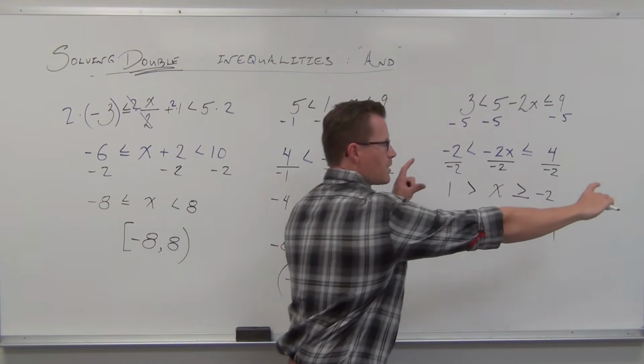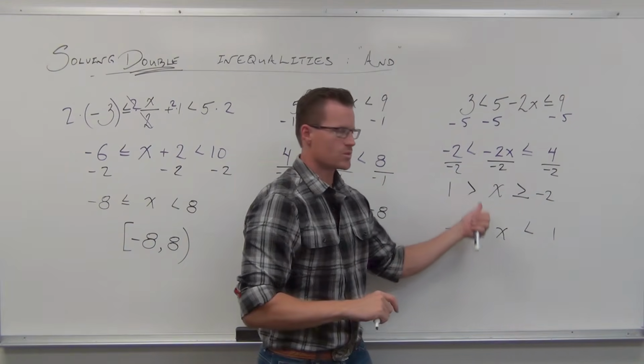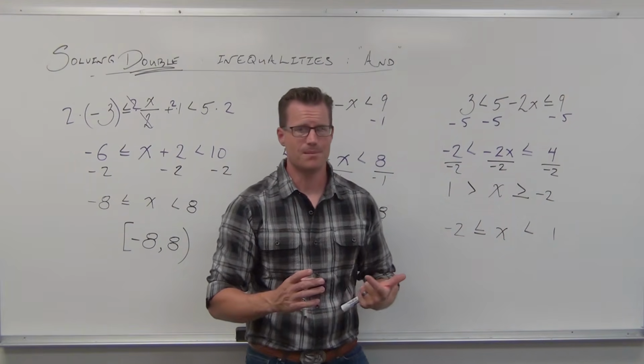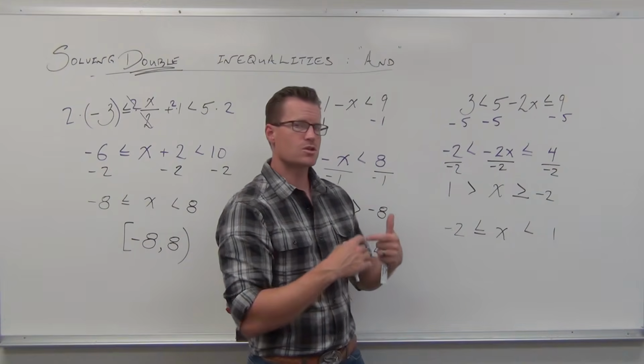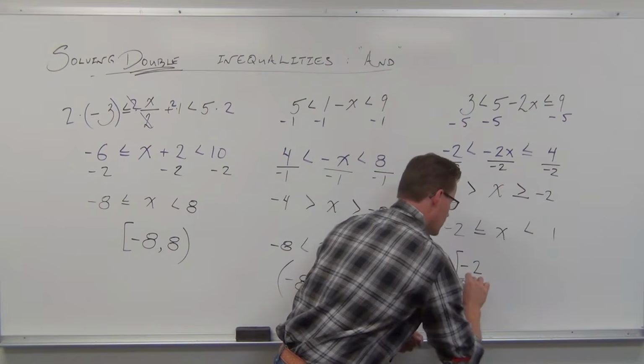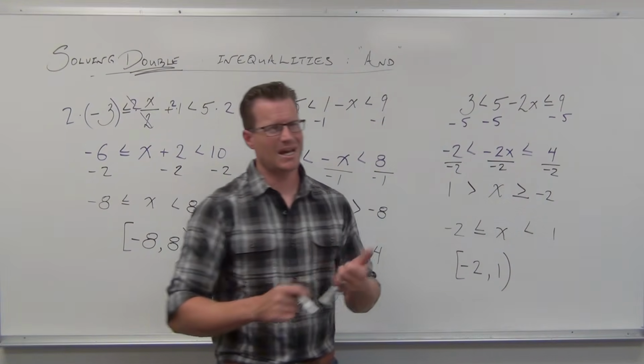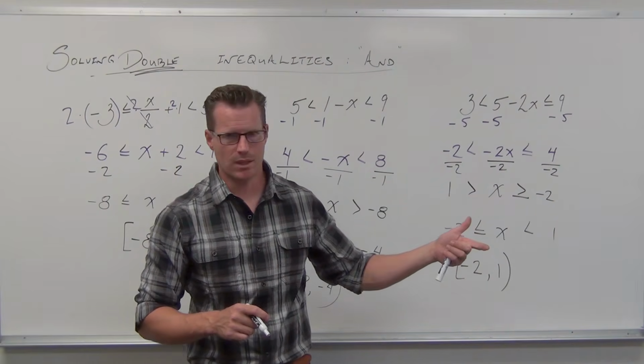So we took this off the board, we reversed it, we put it back. So now -2 is less than or equal to x, which is less than 1. Basically it's telling you all the numbers in your solution set are going to be between -2, including the -2, and 1, but not including the 1, like 0.99999 for a really long time.